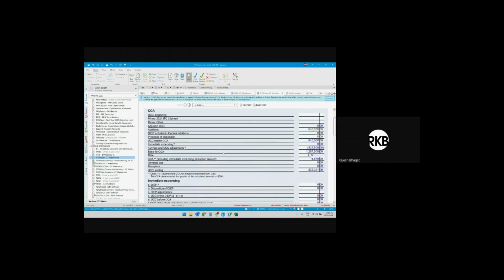So $845,000, half-year UCC, base for CCA, and then it is automatically calculating $11,600.